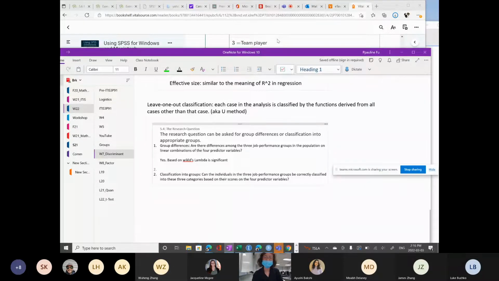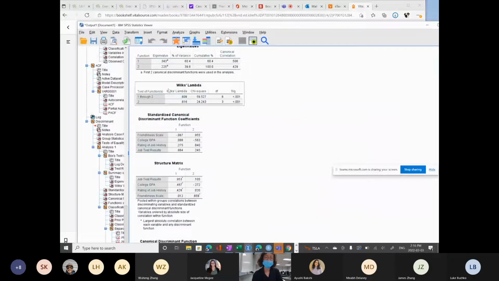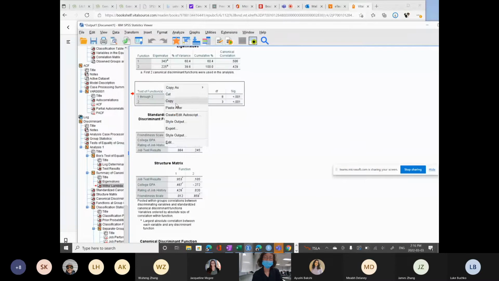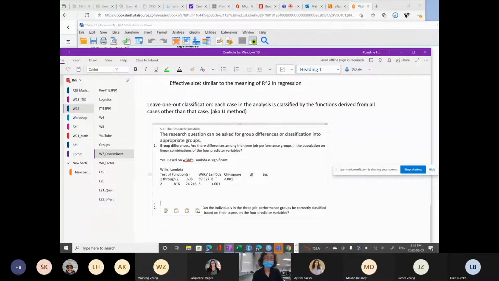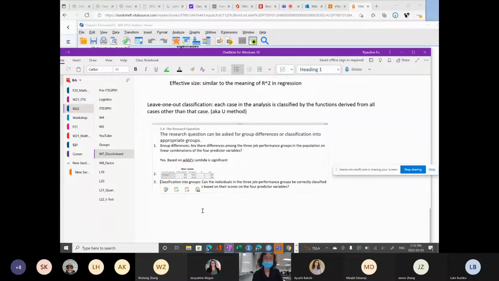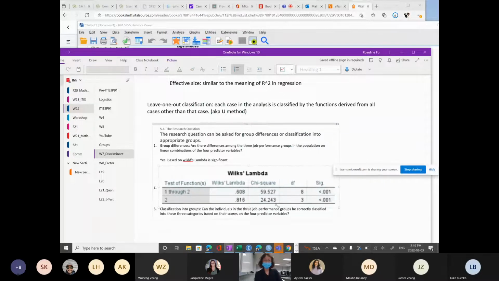Where is that table here? This table here, Wilks' lambda. So that is our first research question.